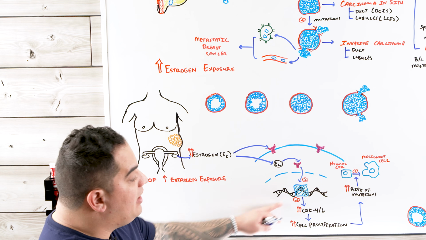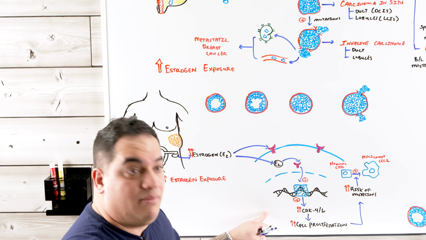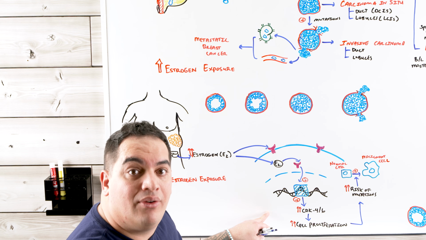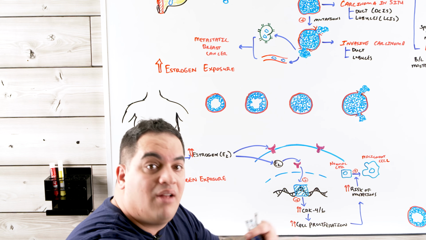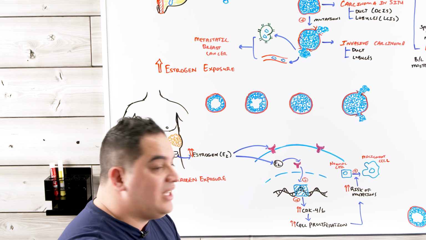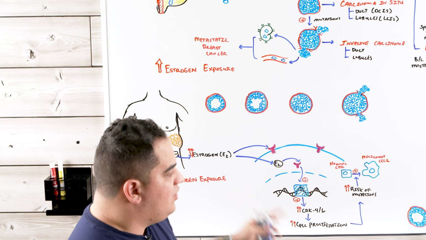Over time, there may be other things that can occur besides proliferation. You may cause the cells to stop undergoing apoptosis. You may cause the cells to trigger angiogenesis and cause more blood flow to the area. You may cause them to gain the capacity to release things to break down the matrix and spread. So you get the point.